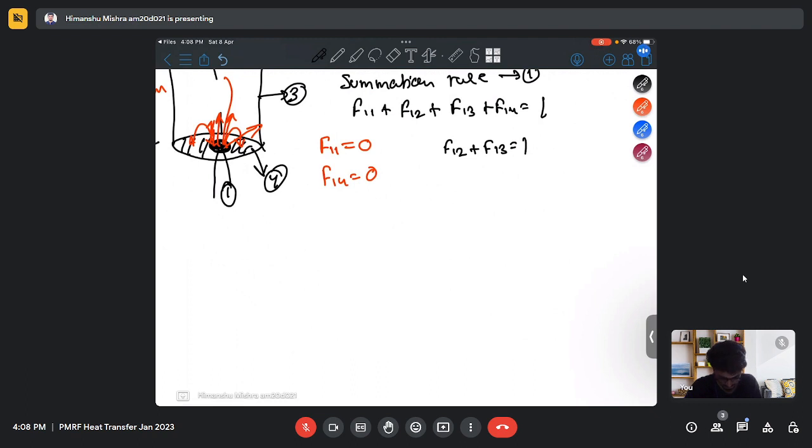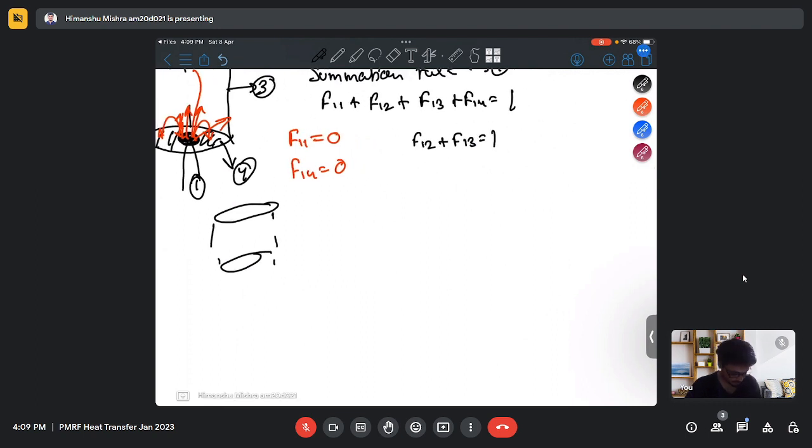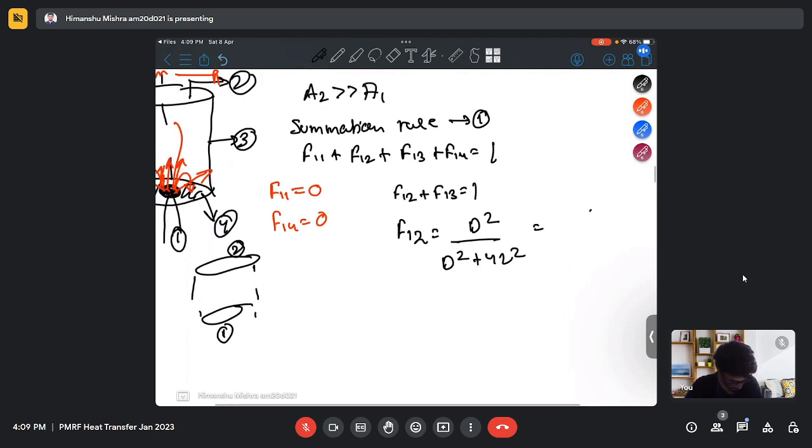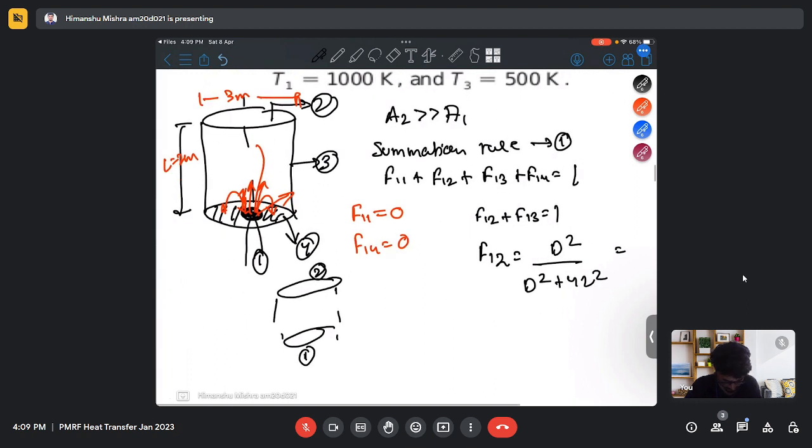Now I will be using the empirical correlation for two parallel surfaces, which you can find in the book. This is my surface 1 and this is my surface 2. One of the empirical relations I will write here. This is the correlation I will use. My diameter D is 3 meter and length is 2 meter.